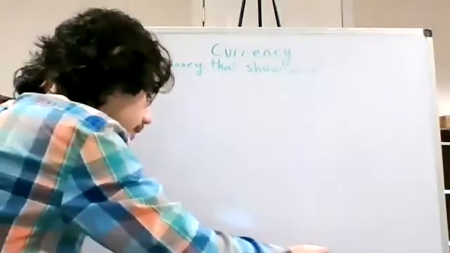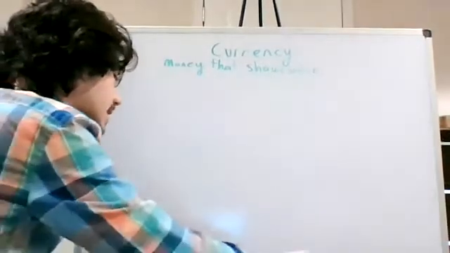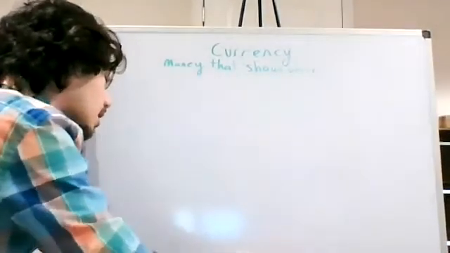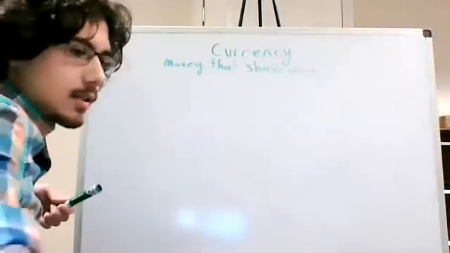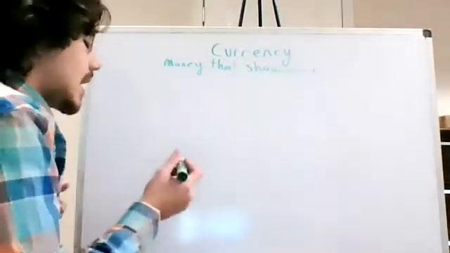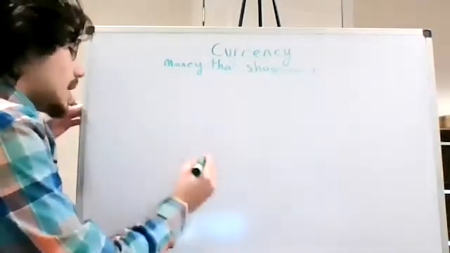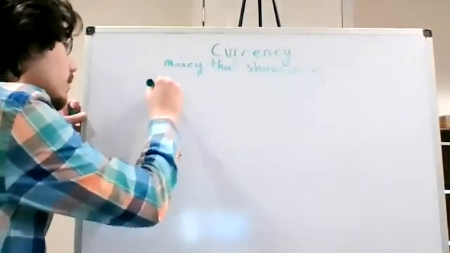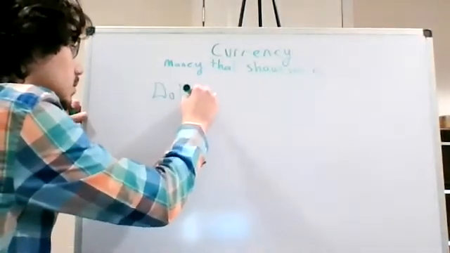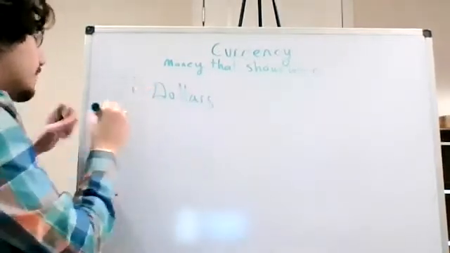Now, usually governments, economies, usually try to base their currency off of some product to give it value. So a government will say, like the US, for instance, the US has famously based their dollars off of oil. So we'll say oil dollars.